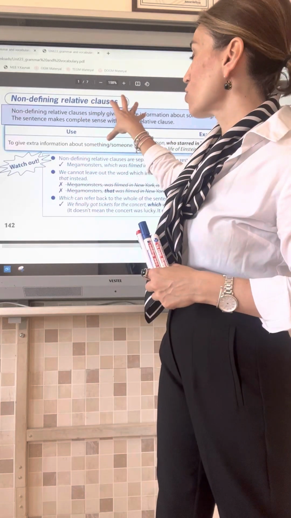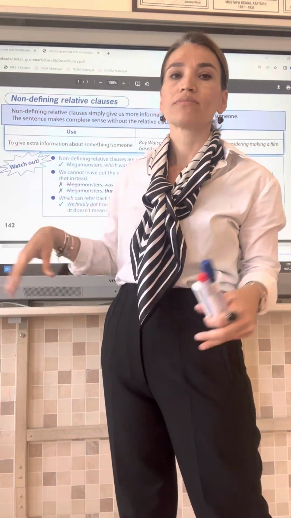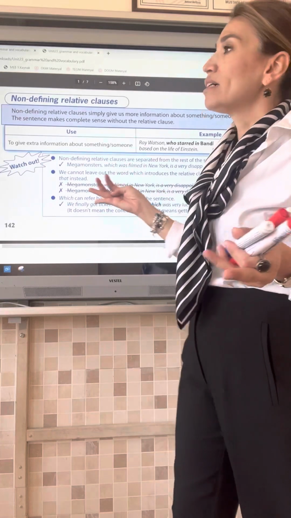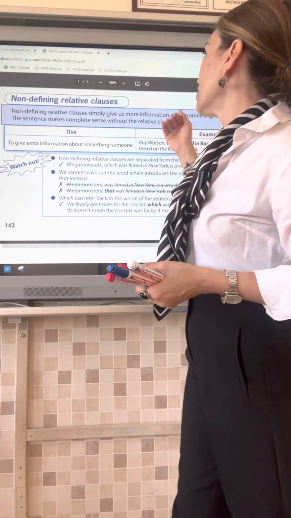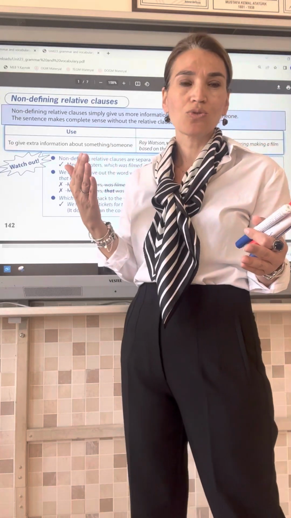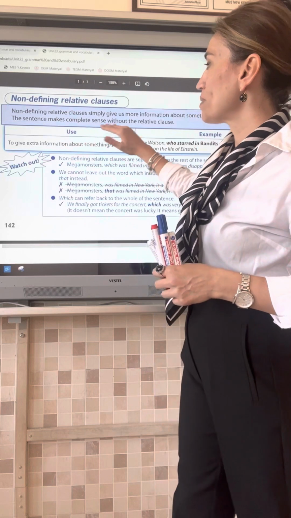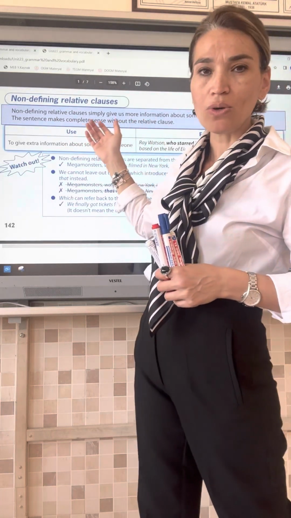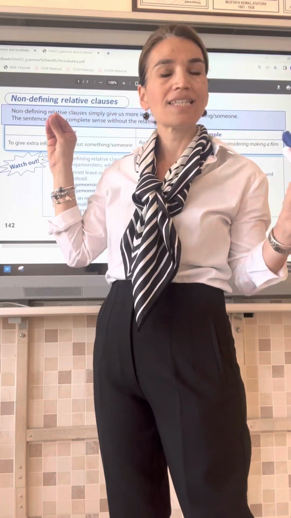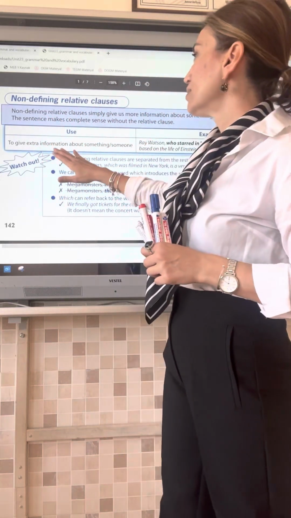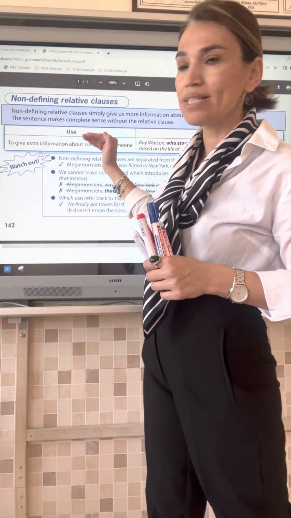If you don't use that information, your sentence can still be meaningful, but this additional information helps us know better. The sentence makes complete sense without the relative clause. When you take that clause out of your sentence, it still makes sense. So the use is to give extra information about something or someone.